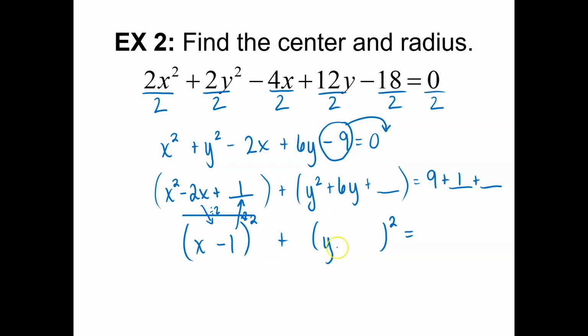Same thing over here. I'm going to divide by 2 to get the number that goes right here, so I'll have a 3. To get the number that goes in that blank, I'm going to raise to the second power, so it'll be 9. So I must add a 9 to the other side as well. So that will give me 19 over here as my total.